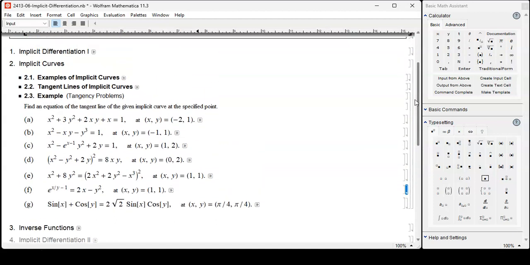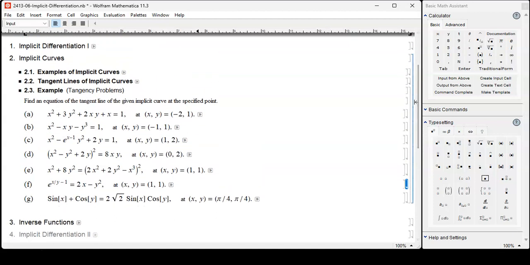Final problem? I don't have enough time, I guess, but let's try. Stop the playback and try first. What do you get? Well, sine becomes cosine, cosine becomes negative sine, but y prime pops up, remember. And the right-hand side, we're going to have to use the product rule, I guess.